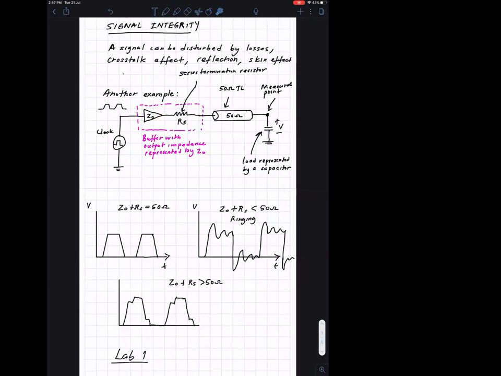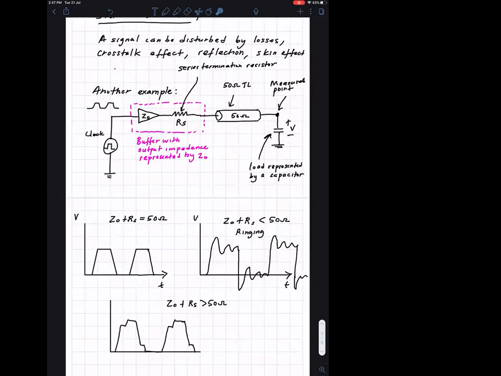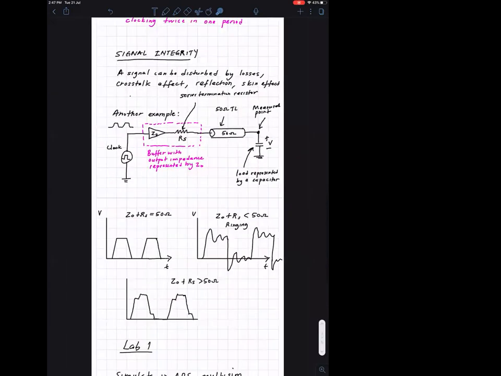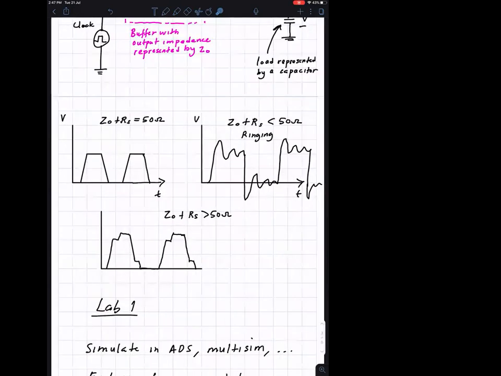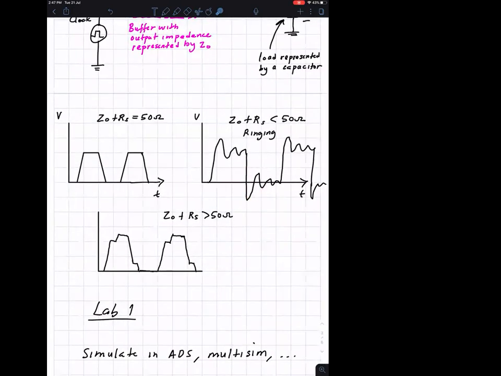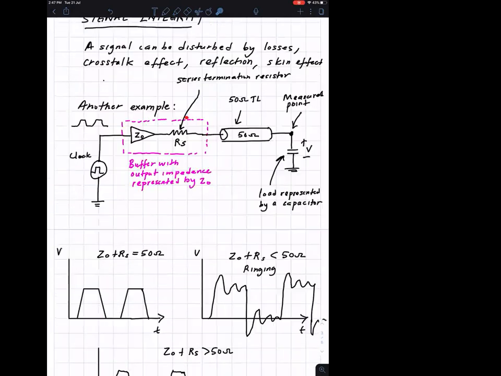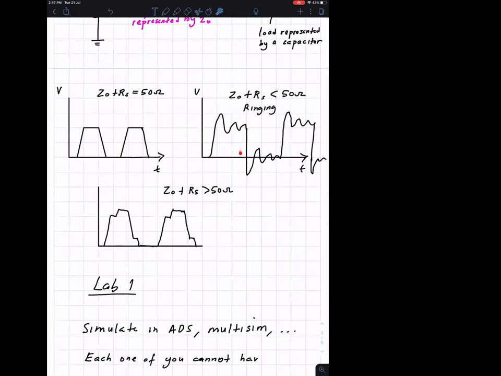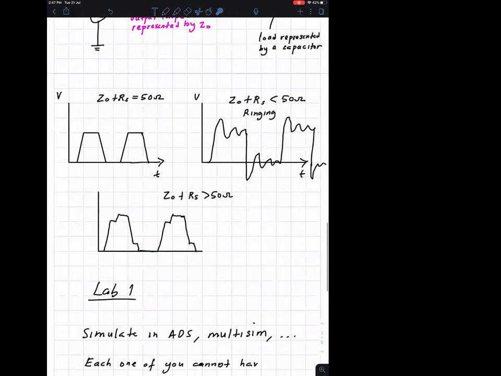And then with the buffer, amplifier, and RS, your job is to simulate and show that if there's a mismatch between this and the transmission line, then you're going to get disturbance in the transmission, either ringing or some kind of stepped output. Then you show how to fix it by playing with the RS.